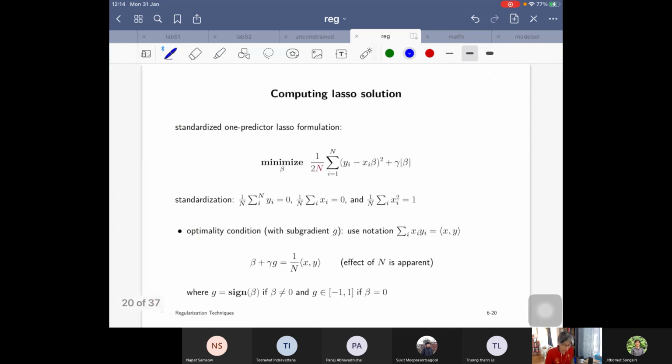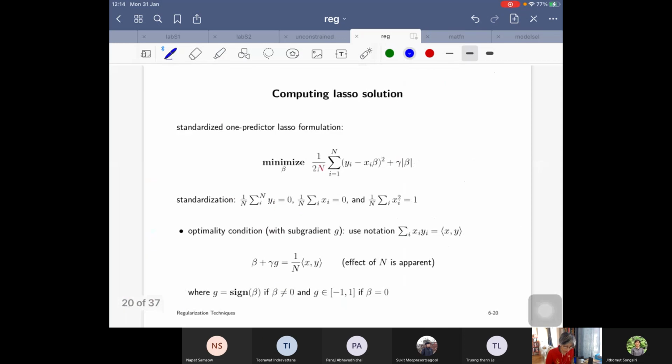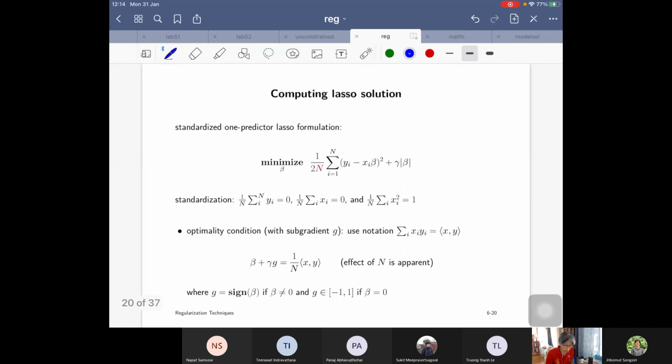From there, we can compute the Lasso solution in the one-predictor case, because the solution can be obtained in closed form. In order to do so, I would like to further standardize the problem, which means I'm going to add a factor of 1 over N here.